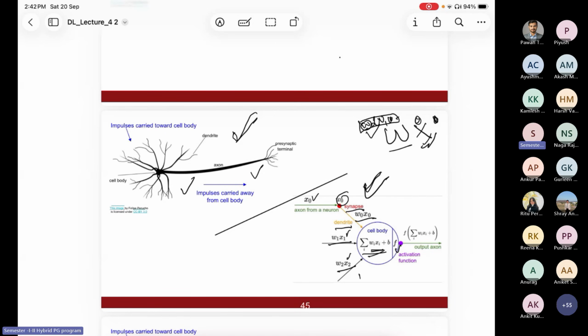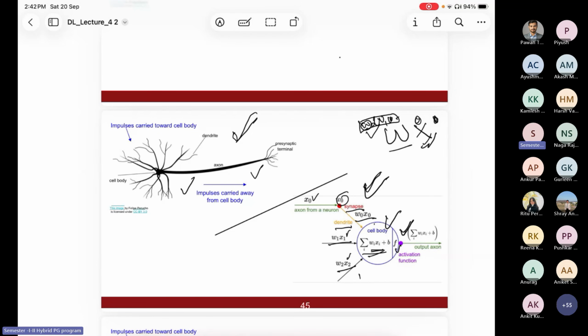It's coming from the axon, which is the pipe, or you can see it as a wire, by which your signals are coming. This part can be considered as the cell body, where everything is getting summed, and you are applying the bias, and then the activation function, and finally you are getting the output value.